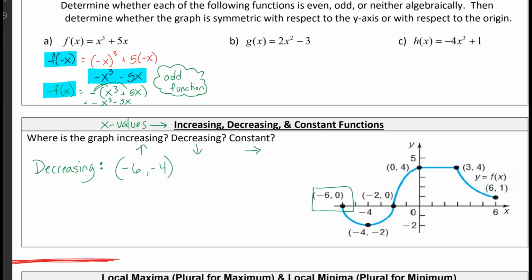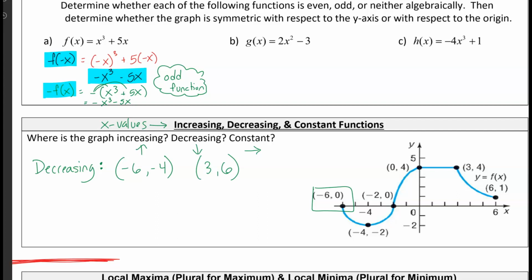Is there another section of this graph that is also decreasing? Yeah, right over here, right? From 3 to 6. So I have 3, 6. Is this my finalized answer? This is actually interval notation, right?